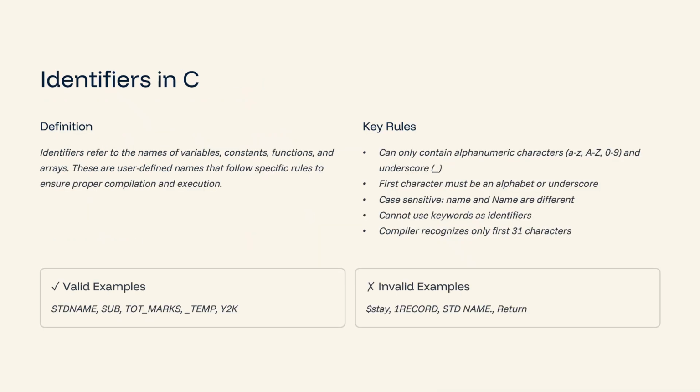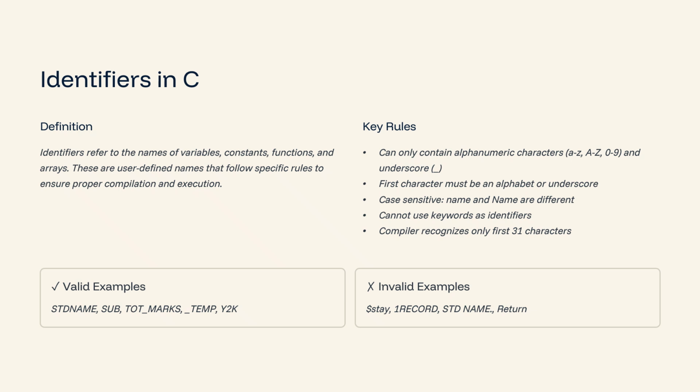Now, we will see what an identifier is. Identifiers are user-defined names of variables, constants, functions, and arrays. These user-defined names follow specific rules to ensure proper compilation and execution.